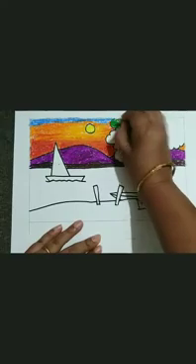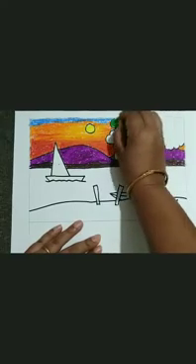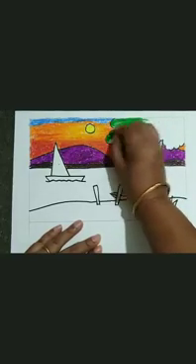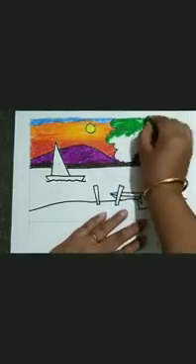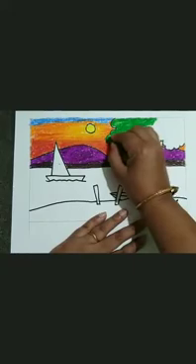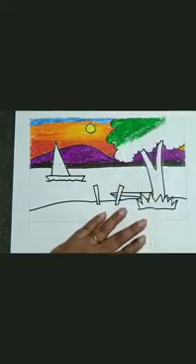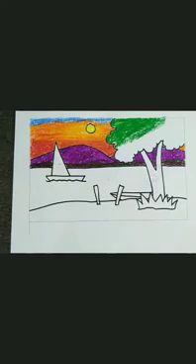Now let's come to the tree. We'll be starting with green. It's again a secondary color. We'll color it half the way.